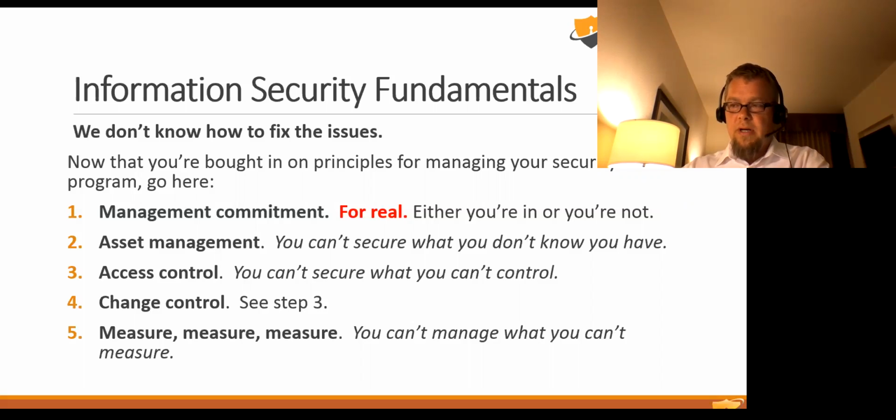So 1 is no impact at all. 5 is catastrophic. I don't even know how we'd be able to stay in business. So put definitions to what those values are, and then in your risk management process, assign these qualitative values to these vulnerabilities and threats.